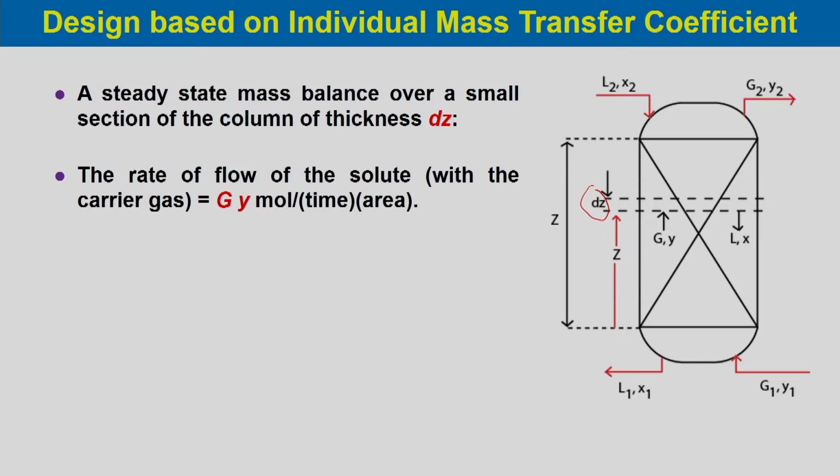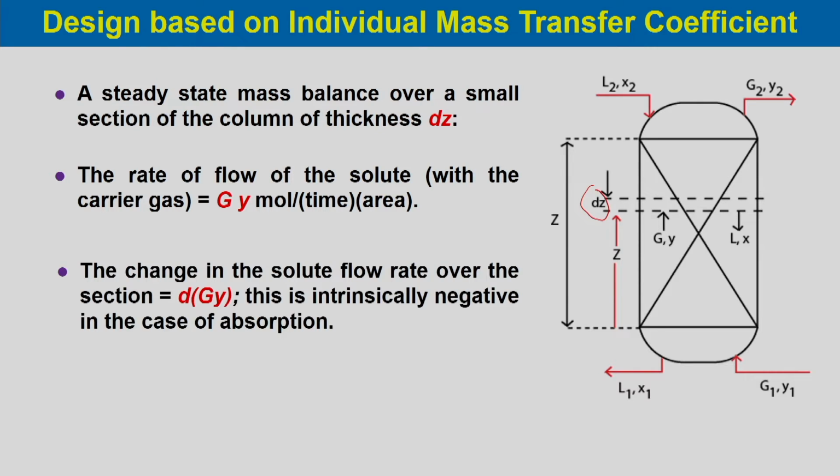The steady state mass balance: the rate of flow of the solute with the carrier gas would be G into y, mole per time per area. So, that is the solute gas flow rate. The change in the solute flow rate in this section would be d(Gy).